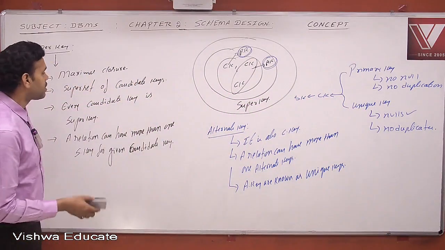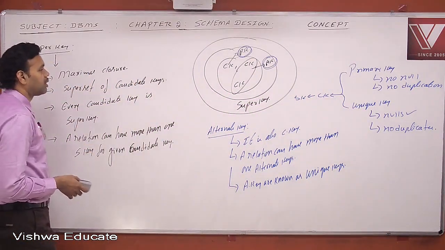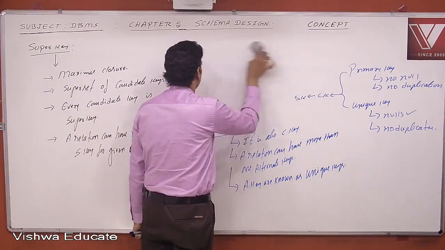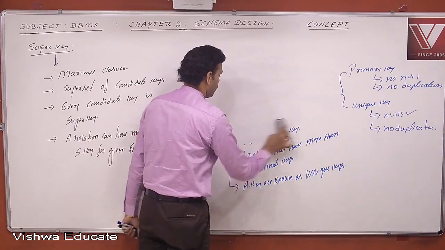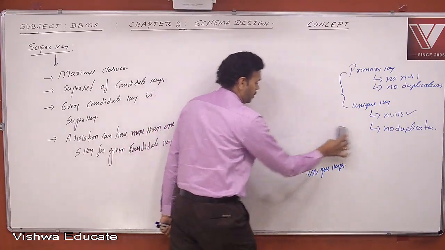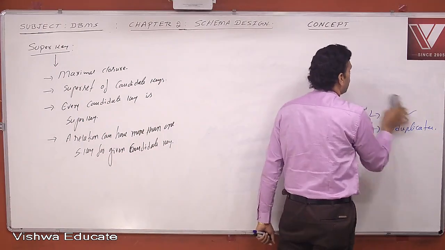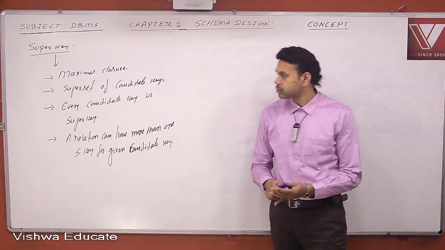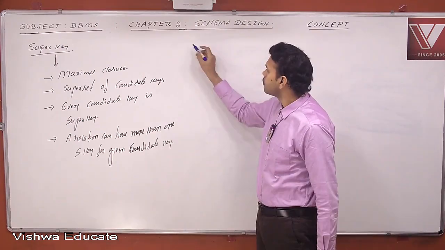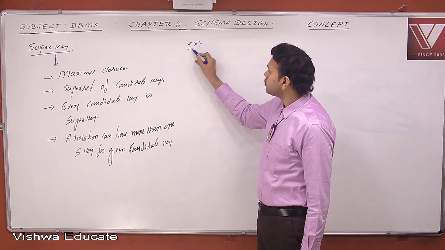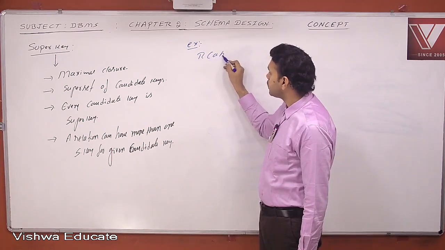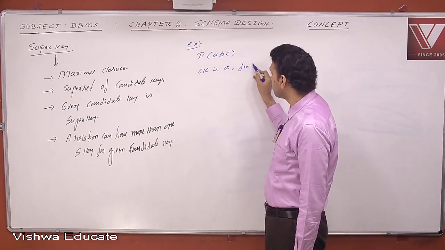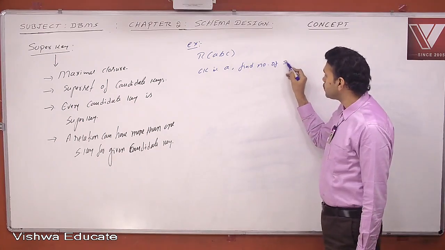Well friends, now let us observe the super key concept and how to derive multiple super keys. For example, R is ABC, candidate key is A, find the number of super keys.